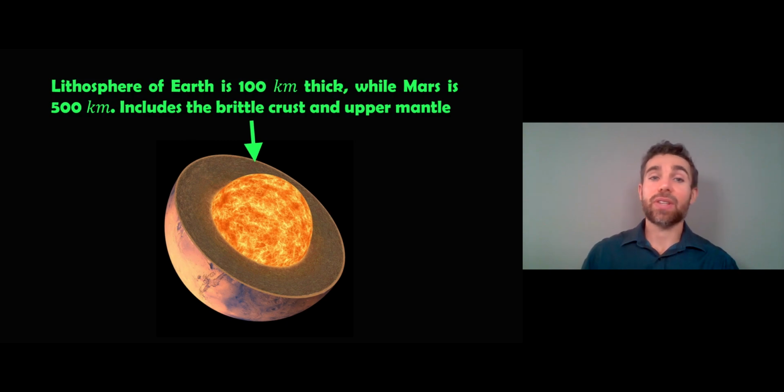So you've got these two regimes. Now, the lithosphere of the Earth is about 100 kilometers thick, while Mars is about 500 kilometers. So Mars has a much larger lithosphere, but it's also a much smaller planet as well. And this again includes the brittle crust and the upper part of the mantle.